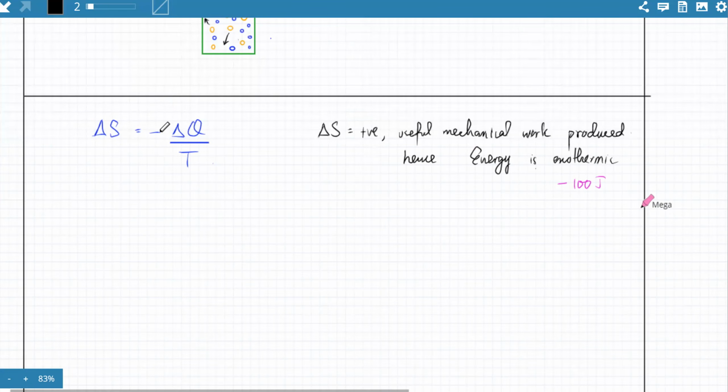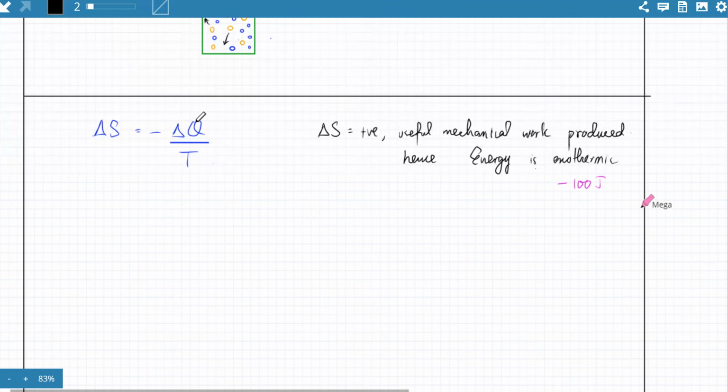You need an extra minus sign, because if you want to convert this into delta S or delta S into this, the sign has to switch. Is that clear? So delta S is positive, work is produced. That's exothermic. So the sign has to switch. Is this clear? Yes, sir.